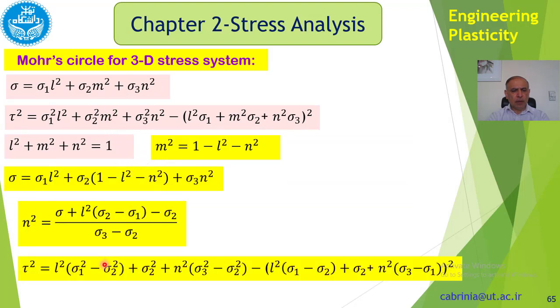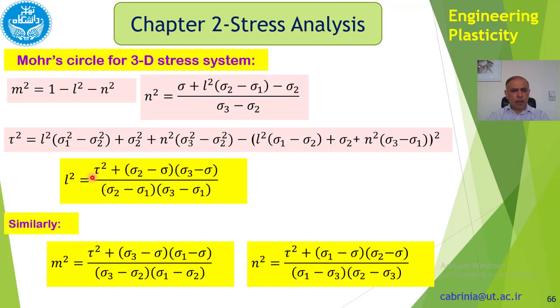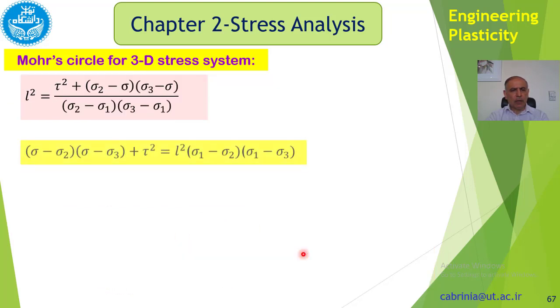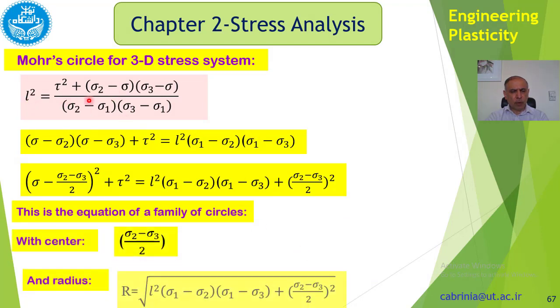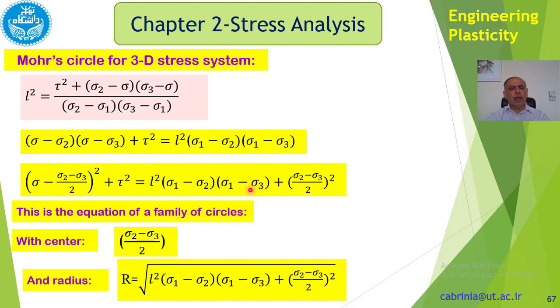I mean, we got here l squared like that, m squared like that, and n squared like that. So here we multiply this by that equal to that. So we can get similar equations like this one for m squared and n squared, and then from those we could get the center and the radius.